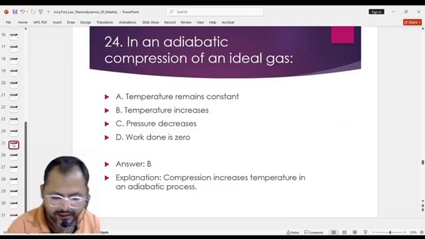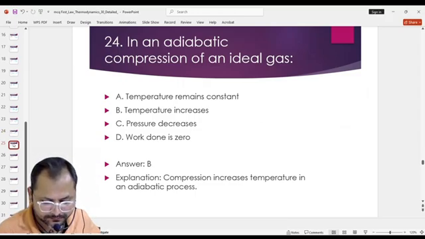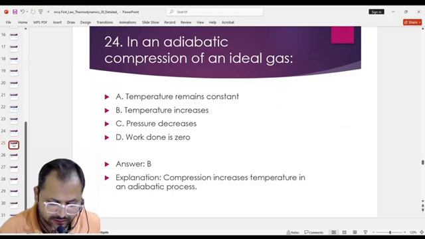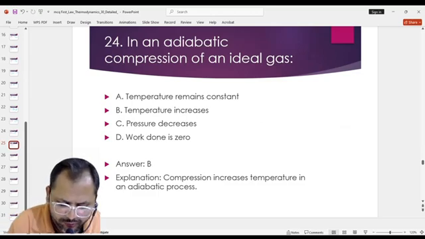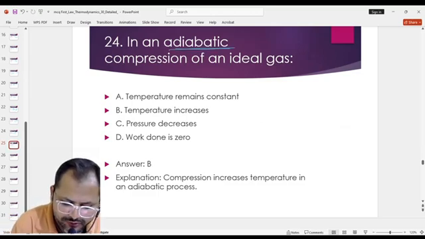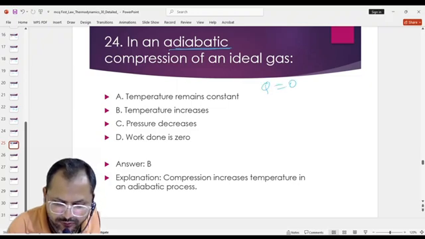Next question. In adiabatic compression of an ideal gas, the options given are: temperature remains constant, temperature increases, pressure decreases, work done is positive. In case of an adiabatic process, heat supplied equal to zero.